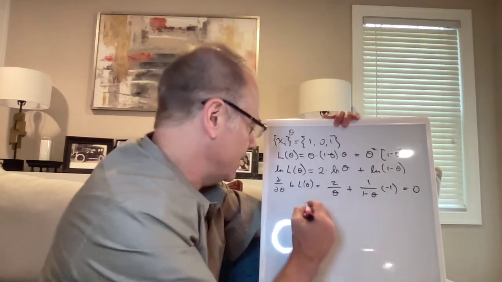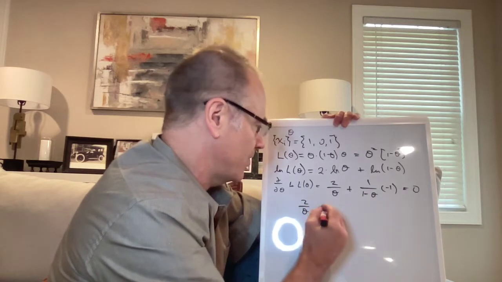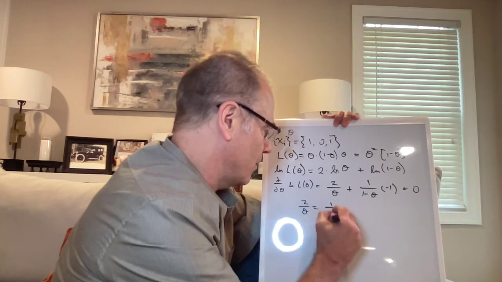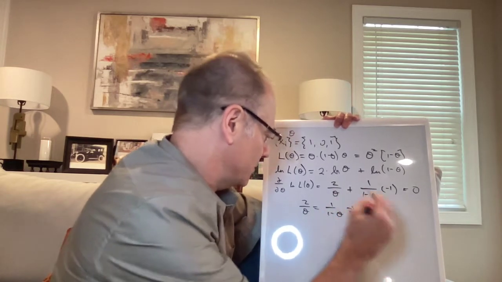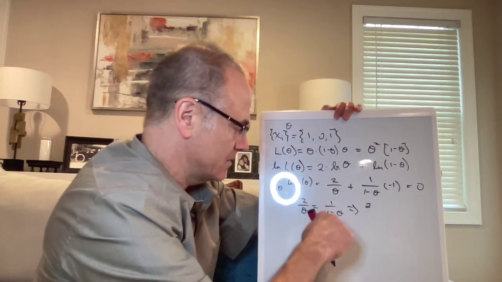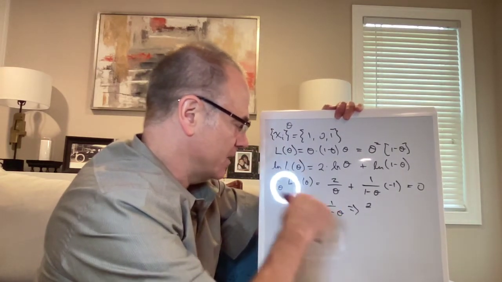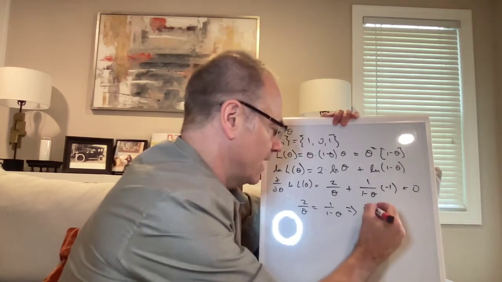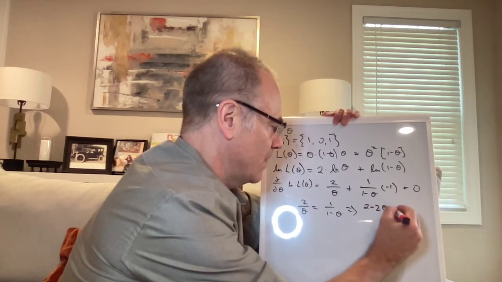And so that means that 2 over theta equals 1 over 1 minus theta. Multiply both sides by 1 minus theta, so we get 2 times 1 minus theta, which is 2 minus 2 theta.